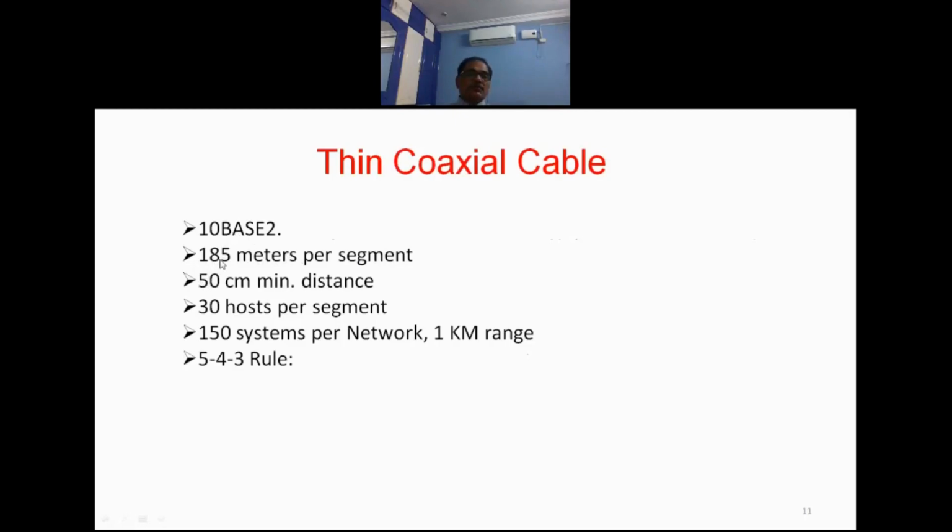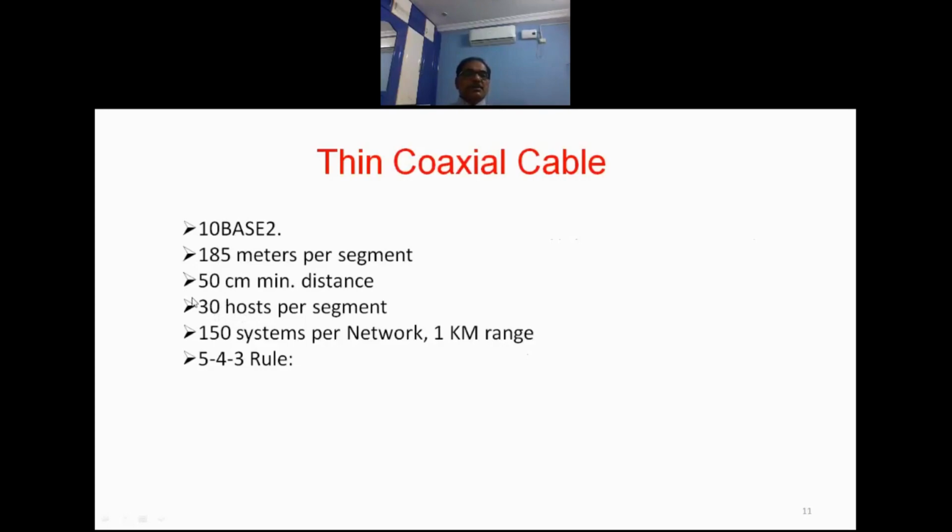And when connecting, the minimum distance between adjacent hosts should be 50 centimeters or half a meter. So at every half meter we can connect the next station. And when using the thick coaxial cable, a maximum of 30 systems can be connected per segment. So within 185 meters we can connect a maximum of 30 systems only.